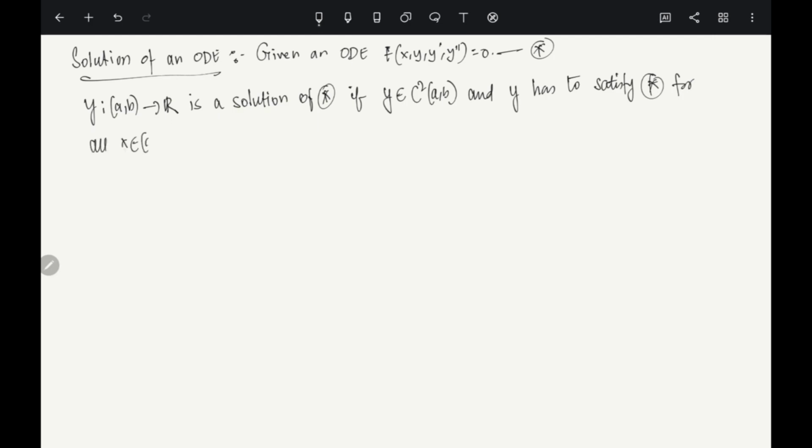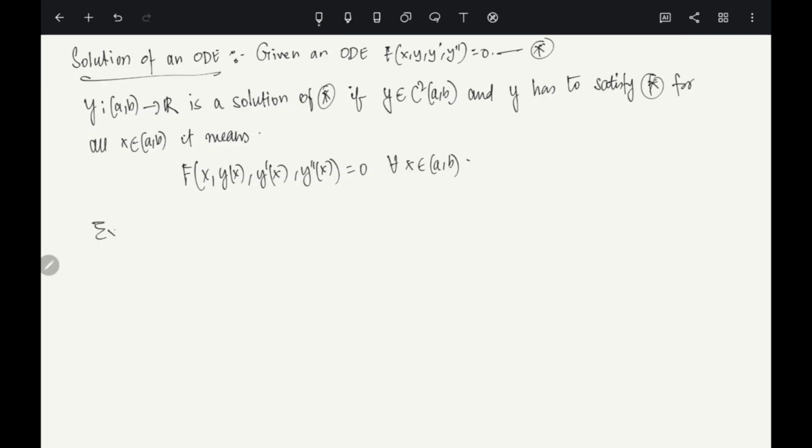It means F of x, y of x, y prime of x, y double prime of x should be 0 for all x in (a,b). If this is the case, then we say it is a solution.